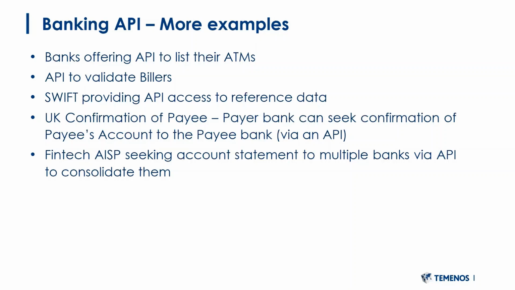The last example is from FinTech, AISP, open banking. As a customer, you hold multiple accounts with multiple banks, but you don't have a consolidated view. You can ask a FinTech, who is providing some additional services, to pull account statements from all of your multiple banks, consolidate them and give you what you want.